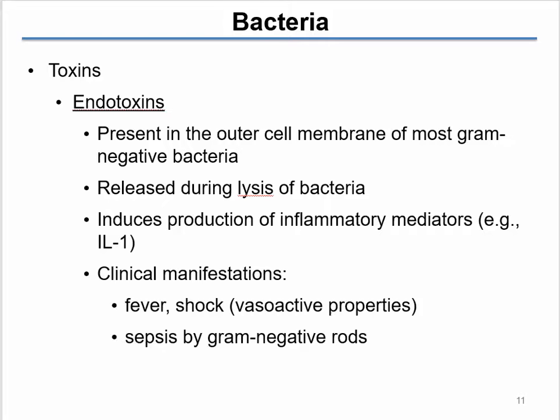You can have the vasoactive properties: shock, and blood pressure drops can happen. It causes fever systemically. You can end up with sepsis from these endotoxins, and these happen when the bacteria is killed and the endotoxin is released at that point.